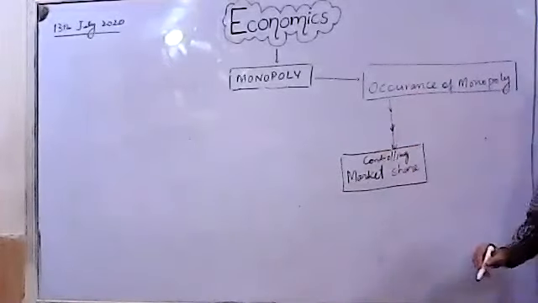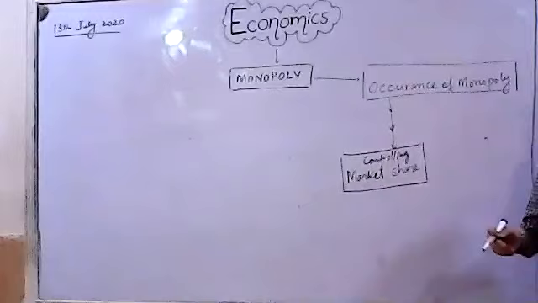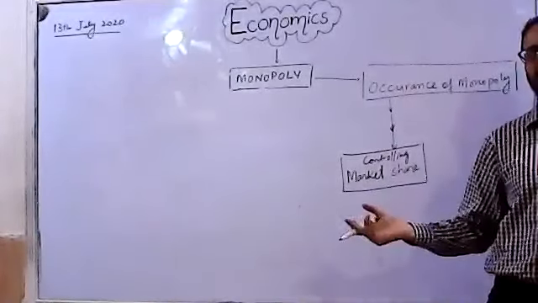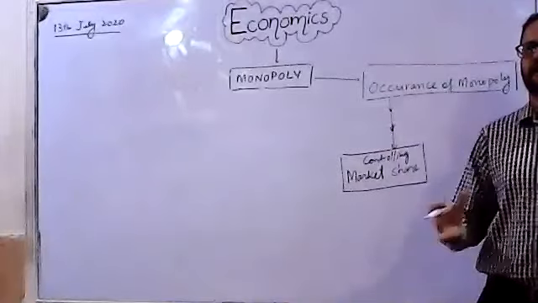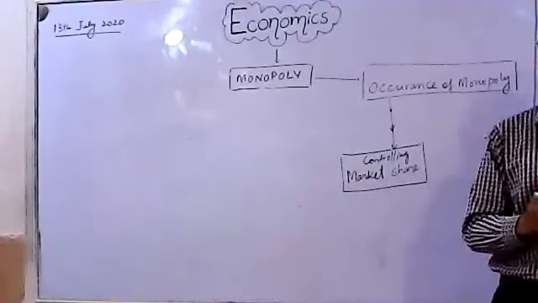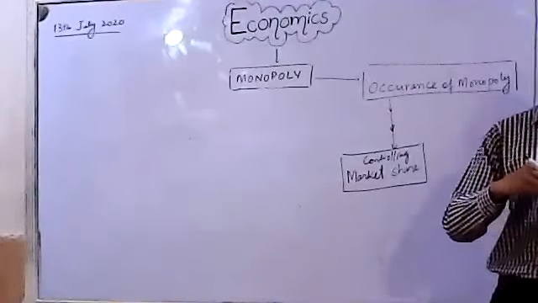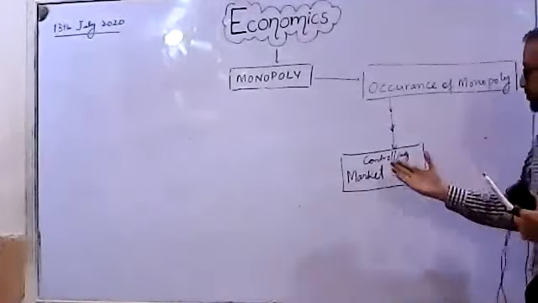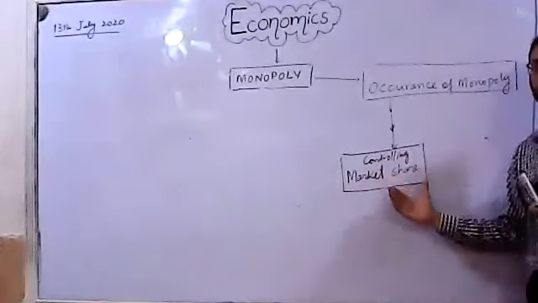This is the basic point here, students, which makes any firm become a monopolist. This is how monopoly actually occurs. Now, there are various reasons we can highlight for why a firm could control the whole market share.